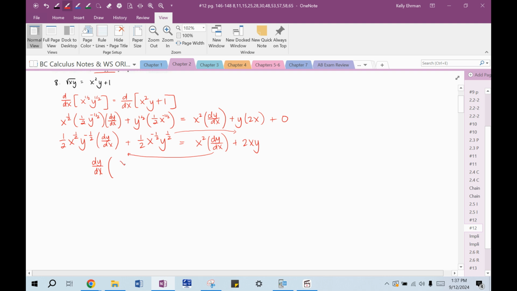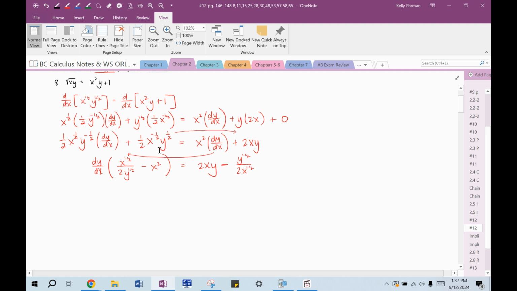So I would have from this term x to the 1/2 over 2 y to the 1/2. So I got rid of that negative exponent. And then there would be a minus x squared from that term. And then over here, we just have 2xy minus, because I subtracted this term over. So on this one, y to the 1/2 is on top, and 2x to the 1/2 is on the bottom.